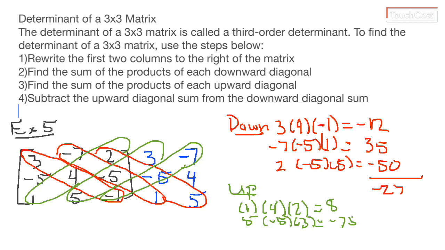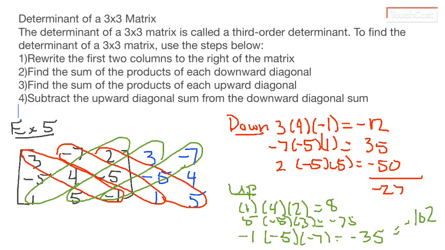And then we're going to go -1 times -5 times -7, which gives us -35. We add all of those together. So 8 minus 75 minus 35, it's going to give us -102.